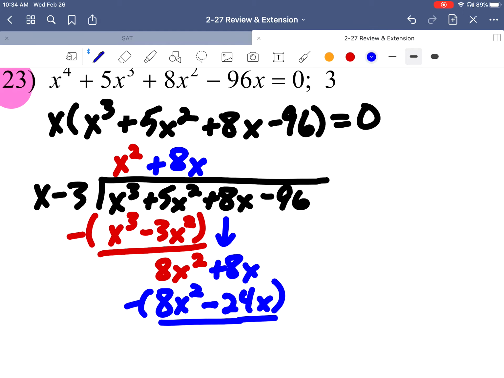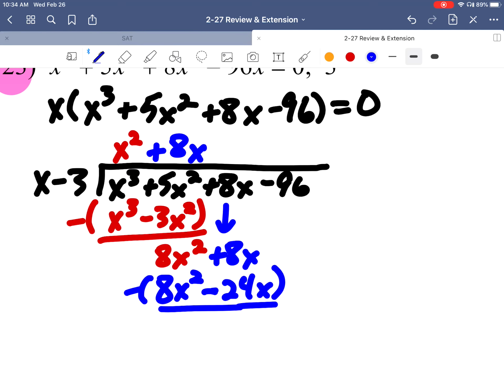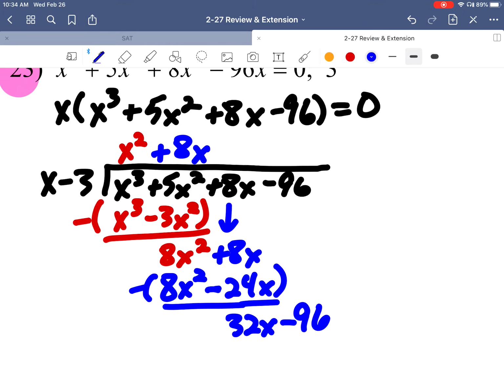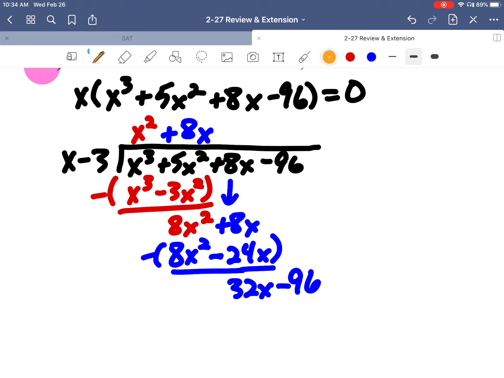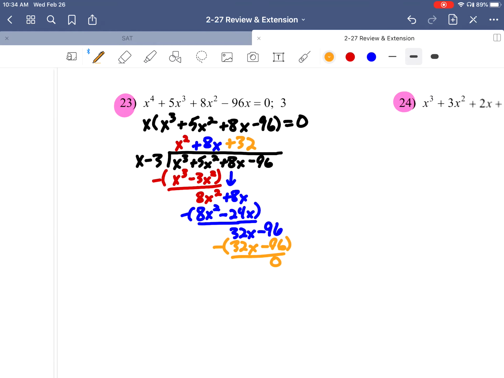Subtracting, we get 8x minus a negative 24x is positive 32x minus 96. x times 32 is 32x. Then 32 times negative 3 is negative 96. And we subtract, and we get 0.